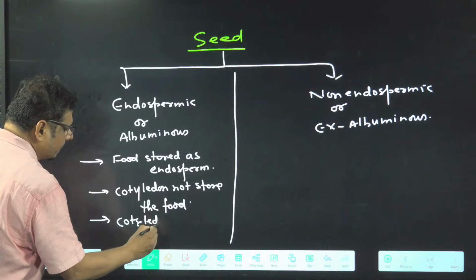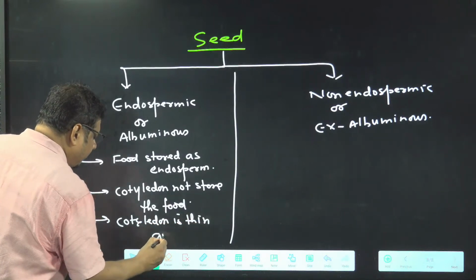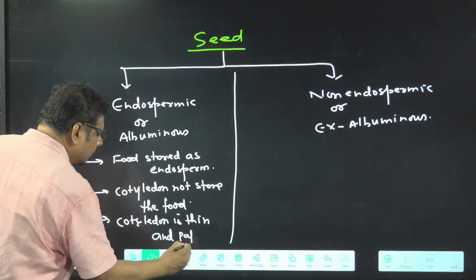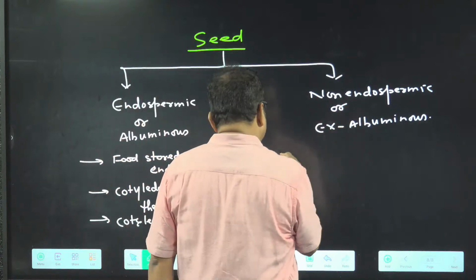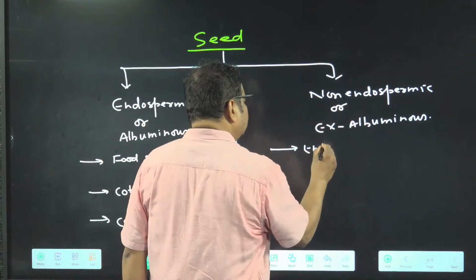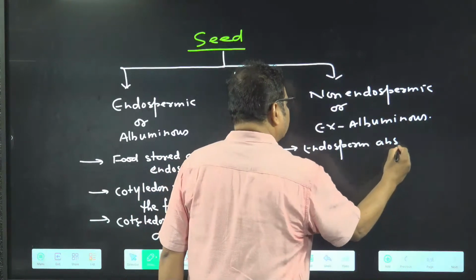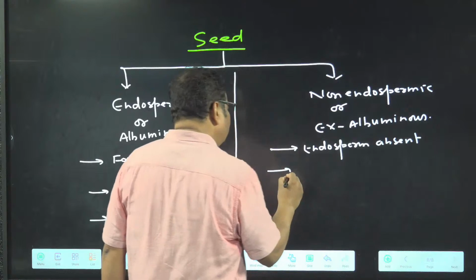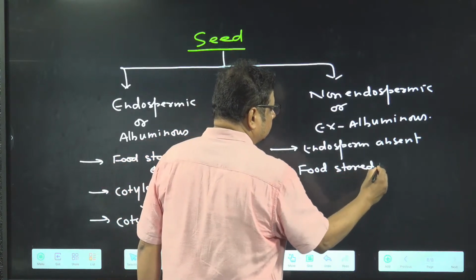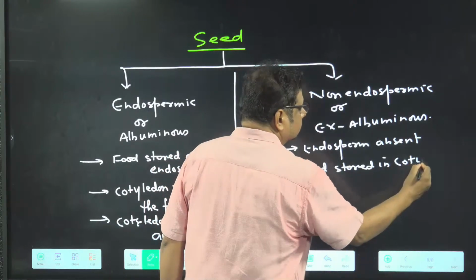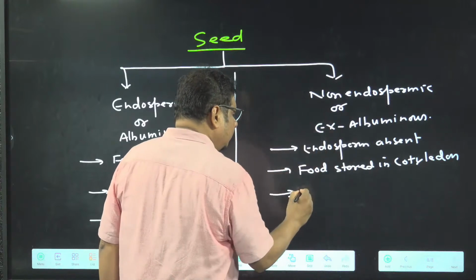Cotyledon is thin and papery, paper-like. If you talk about the non-endospermic seed, who is absent? Endosperm is absent, and food is stored in the cotyledon. And when the cotyledon stores the food, what happened?